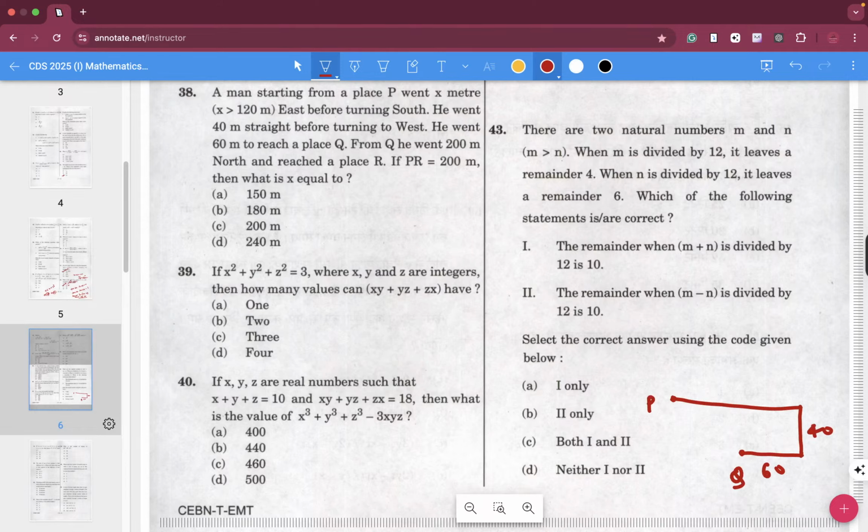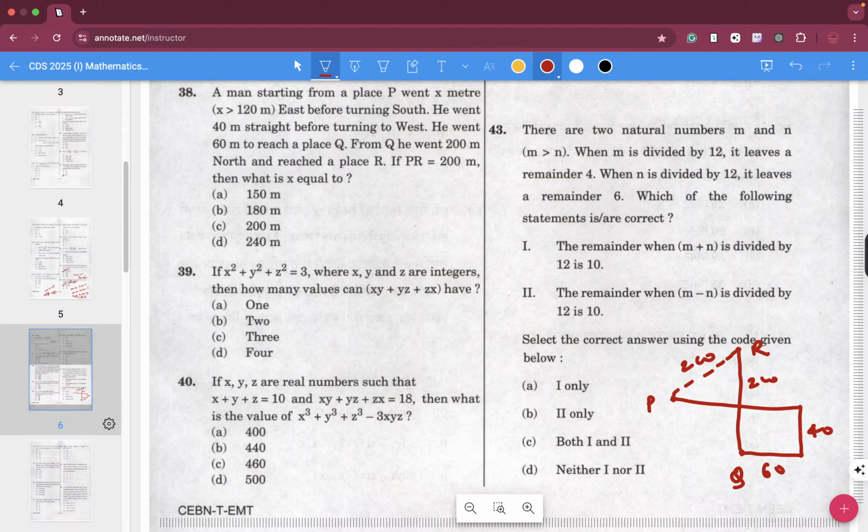He reached the point Q. From Q he went 200 meters north to reach a place called R. If PR is equal to 200 meters, then what is the value of x, they have asked.